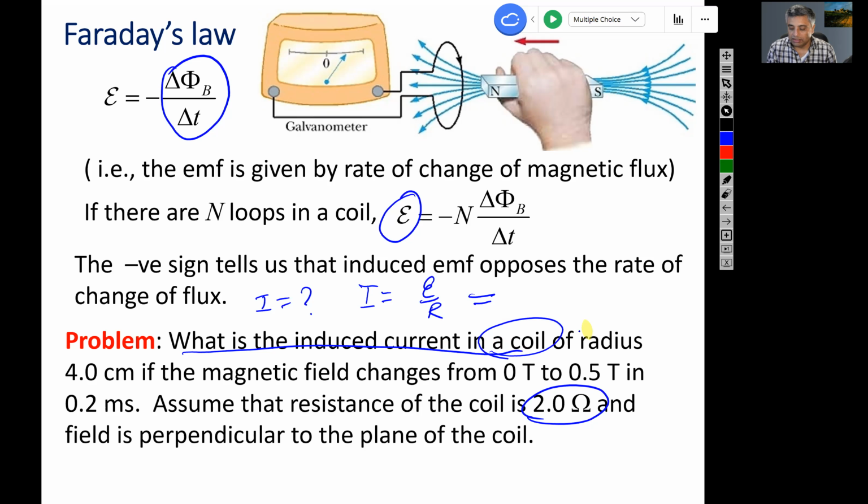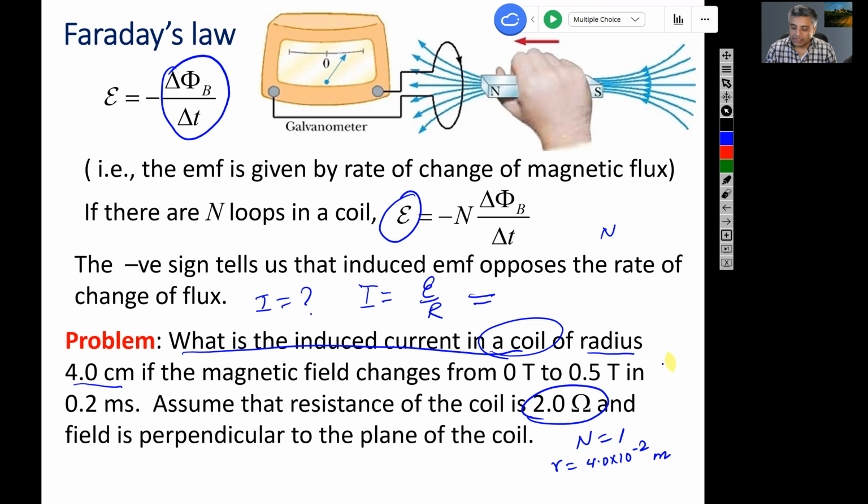A coil means N is just 1, right? So N is just 1. And radius 4 centimeter. 4 centimeter means 4 times 10 to the power negative 2 meters.